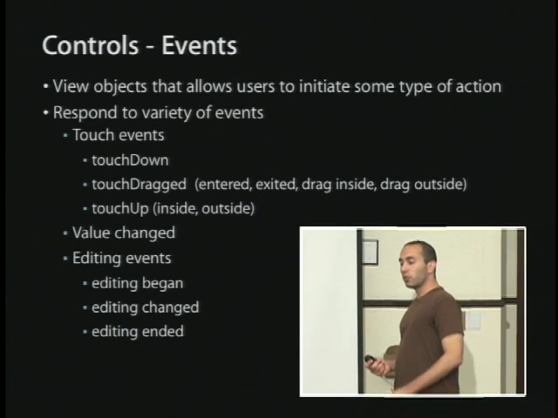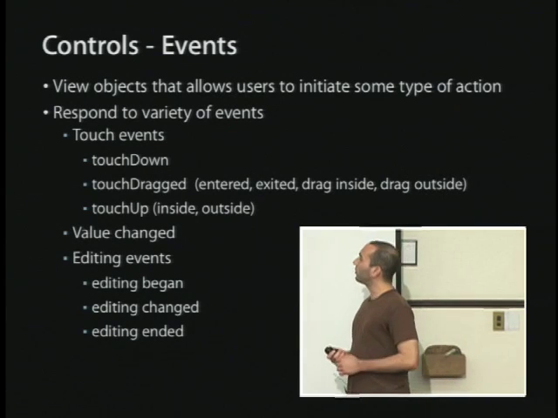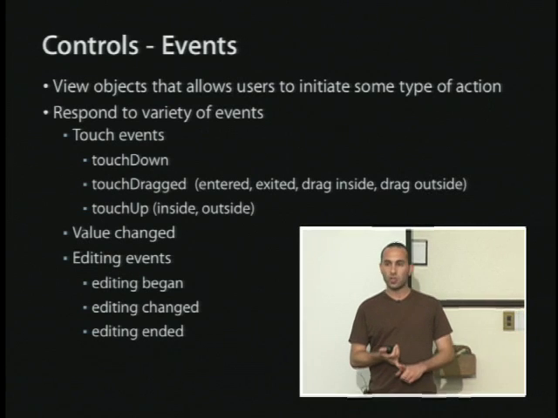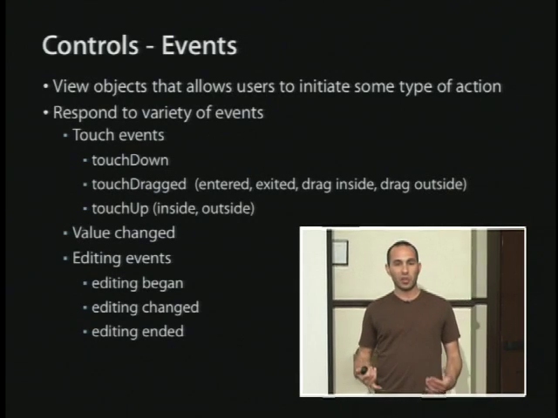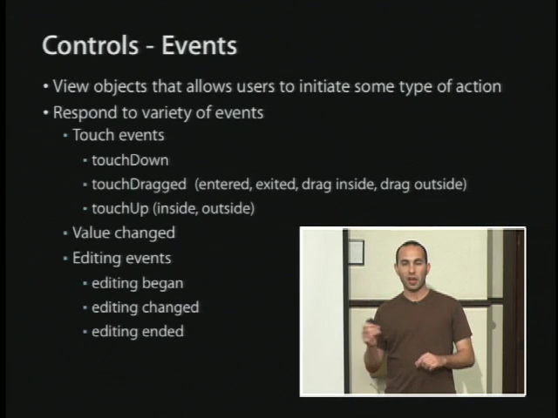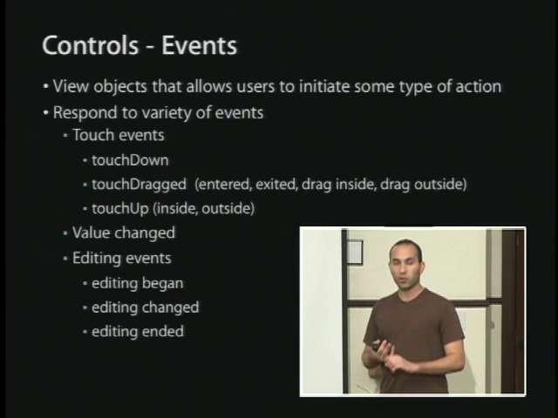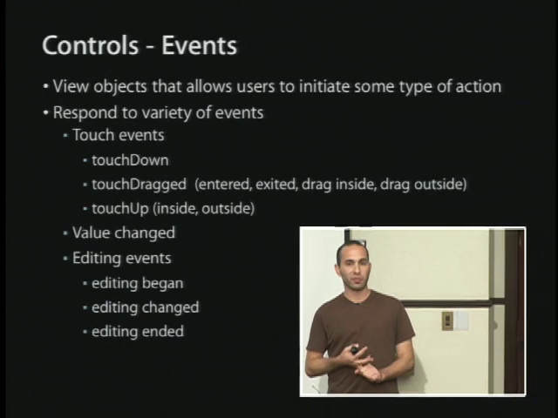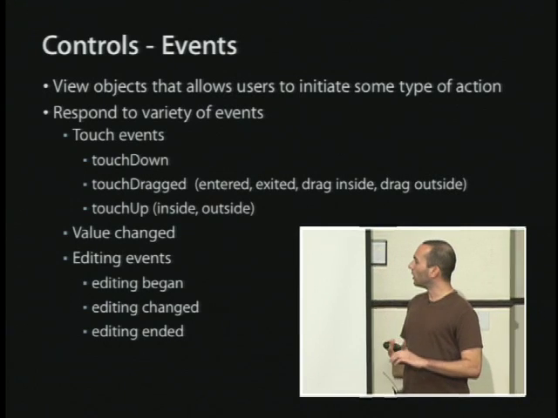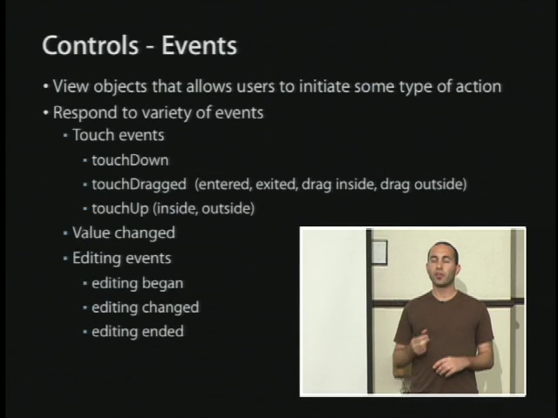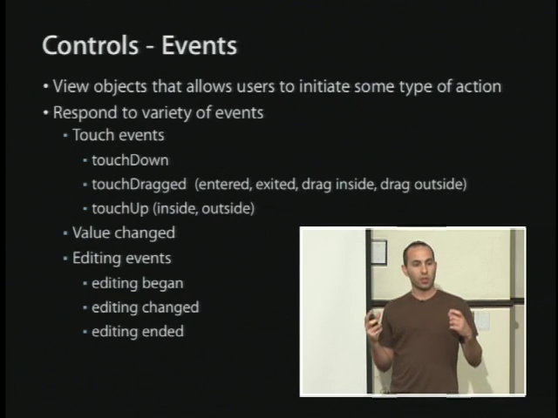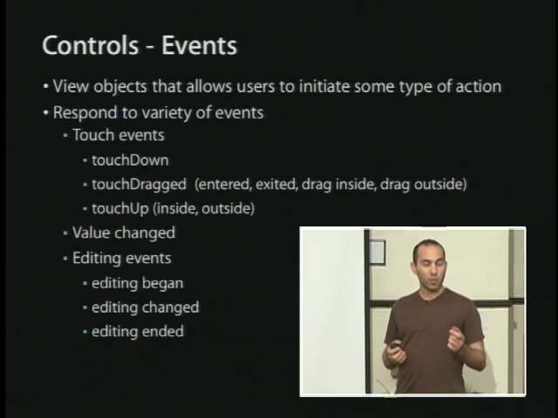You can also get events for value changed events. There's several controls that are value-based. Slider is value-based, right? It has a number. A switch is value-based. It could be true or false, or on or off. Other value-based controls are a segmented control and a progress indicator.